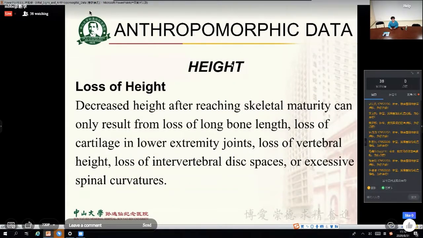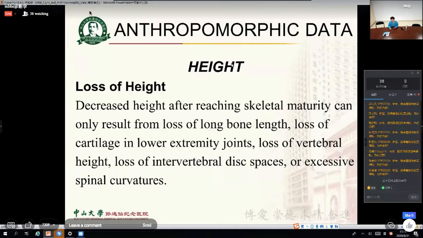Also, in some situations, the patient may lose height. Decreased height after reaching skeletal maturity can only result from loss of long bone length, loss of cartilage in lower extremity joints, loss of vertebral height, loss of intervertebral disc spaces, or excessive spinal curvatures.